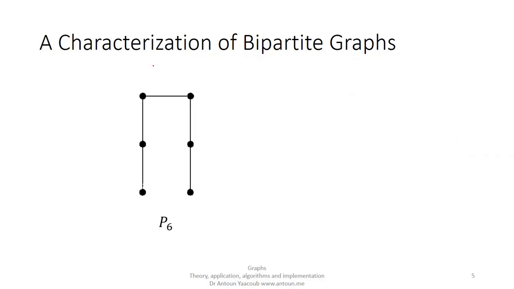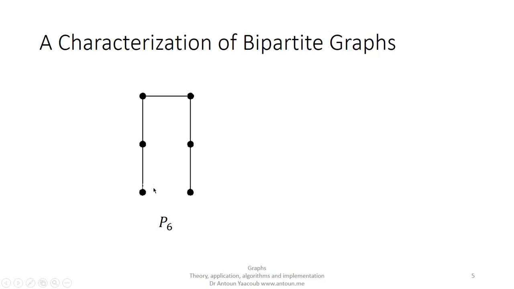So it's common practice to assign one color, for example red or blue, to the vertices of V1 and another color to the vertices of V2. Thus, a bipartite graph has the property that each of its vertices may be colored either red or blue so that adjacent vertices are of opposite color. Here we have P6, so this is an immediate example.